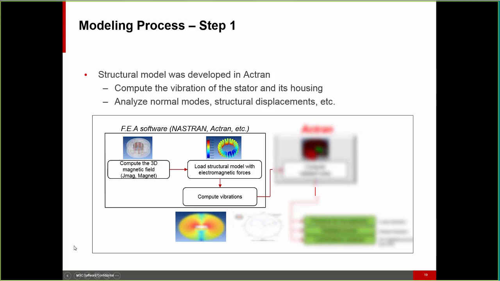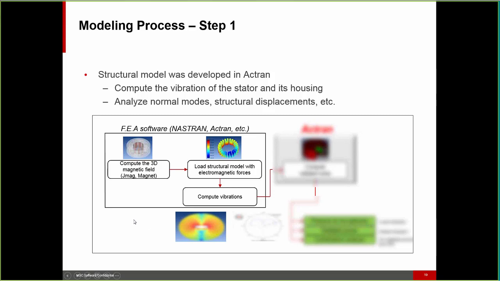Now, the first step in the modeling process is to perform structural simulation of the stator and its housing. From the structural model, we can compute and analyze things such as the normal modes of the stator and the housing together, and we can also look at structural displacement, etc. Normally, the electromagnetic forces are computed by other software such as JMag and Magnet.